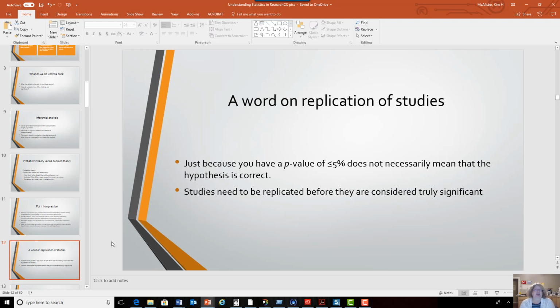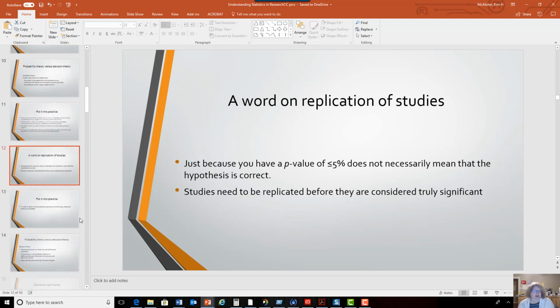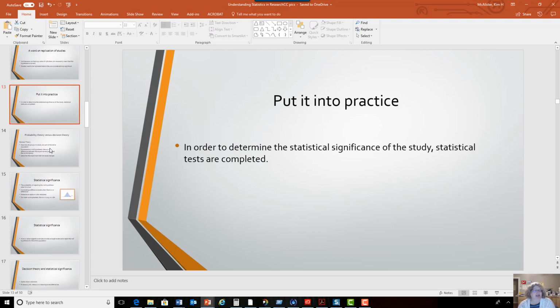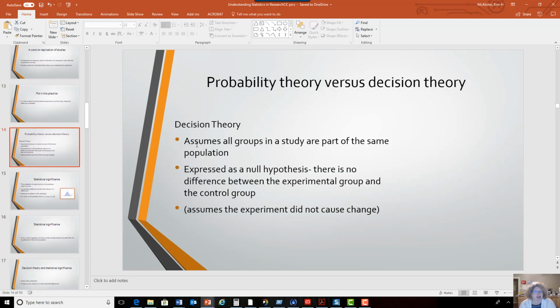You can carry out your study and find something that looks statistically significant, but it's better to replicate it a few times so that we know this really is something. To determine the statistical significance of a study, we have a variety of tests that we use, and we'll talk about those at the end of this lecture.